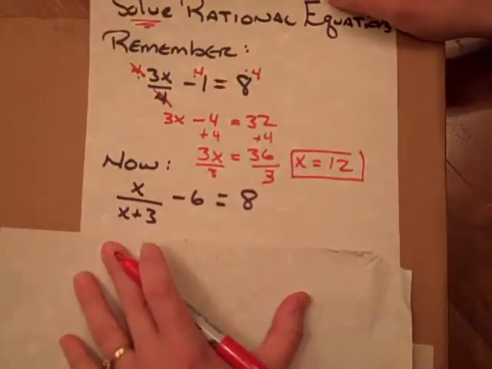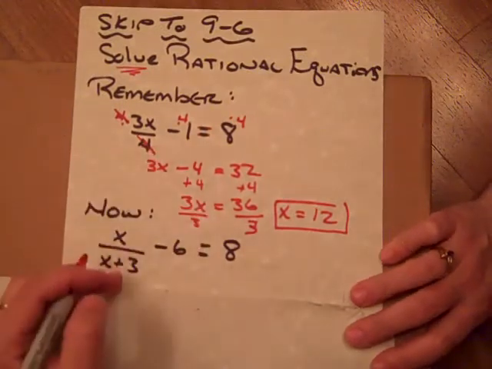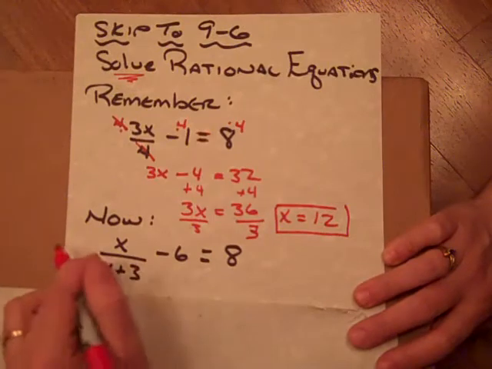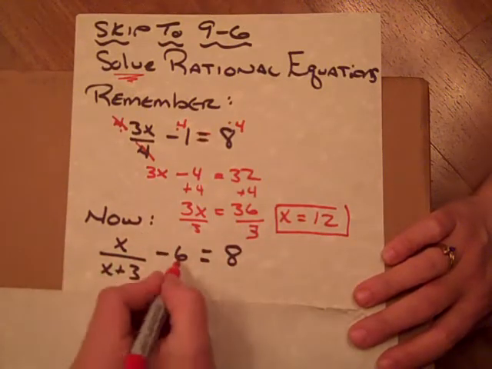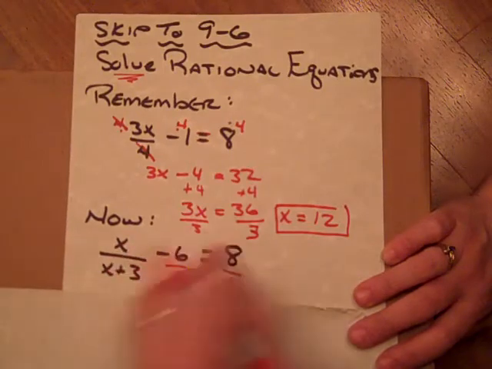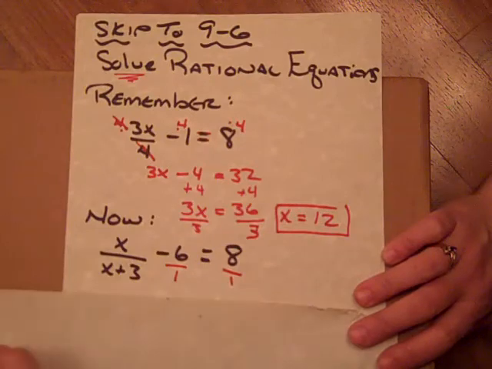Now, what we're going to have are problems that have not just the 4 downstairs, but something more, with an expression in the denominator of a term. And you may have multiple, but I just thought I'd ramp it up a little bit at a time here. We have 3 terms. These 3 terms make an equation.